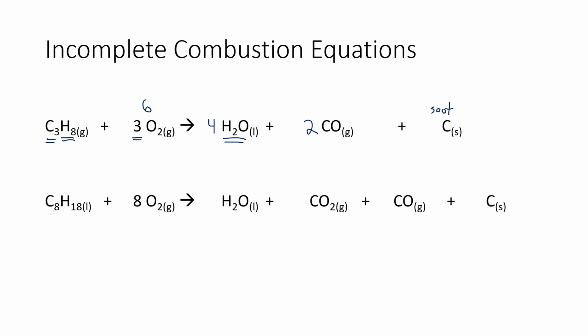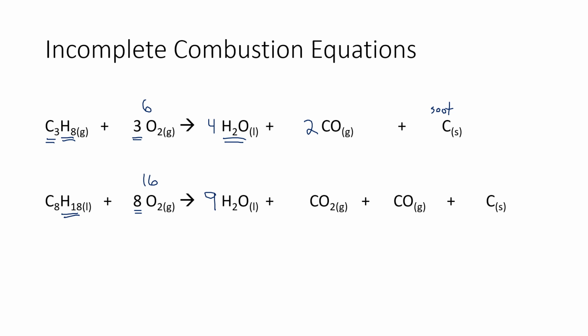Now for this octane down here, we're going to use 8 oxygens. We really shouldn't have 12.5 to completely combust this, but we have 16, so we'll make do. So first off, we're going to use up what we need for our waters. So that means we need 9. So 9 out of the 16 have been used up. So that means we've got 7 left.